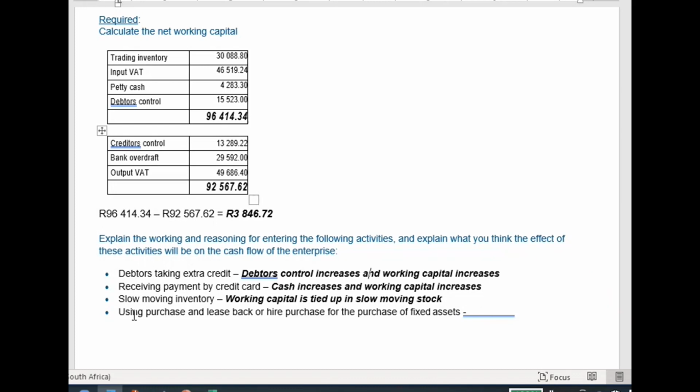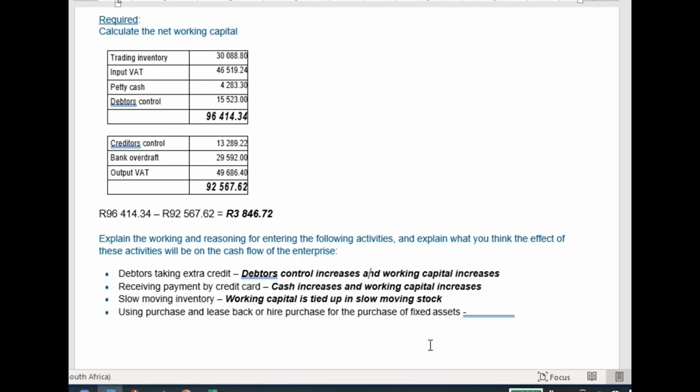And then the last one is using purchase and lease back or hire purchase for the purchase of fixed assets. Okay, now think about that. Well, it really means that our creditors control is going to increase.